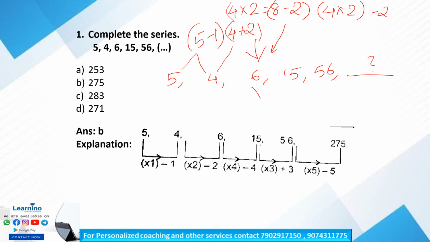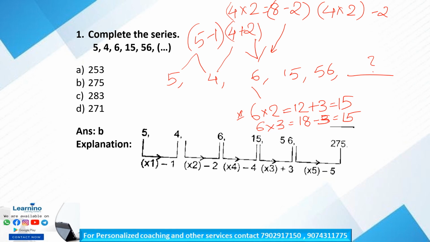Next, 6 into 2 is 12, 12 plus 3 is equal to 15, or 6 into 3 is equal to 18 minus 3 is also 15. Okay, there are two possibilities.